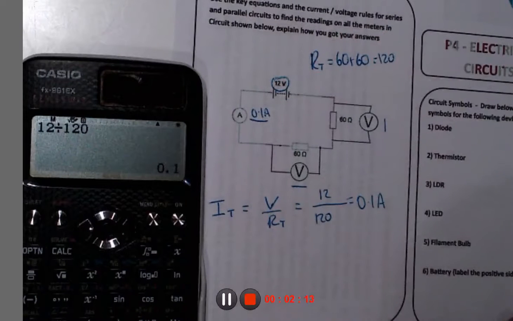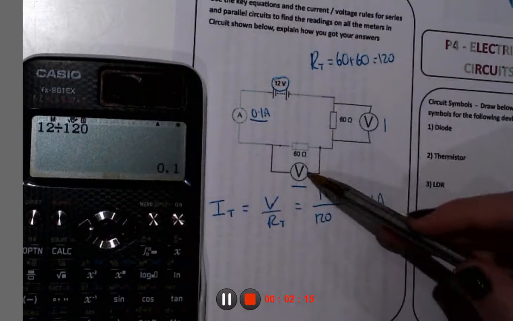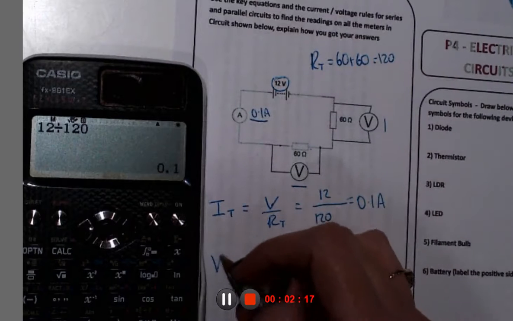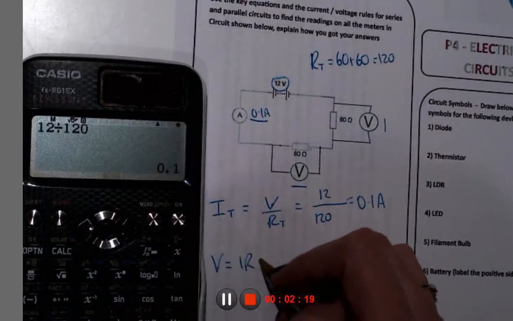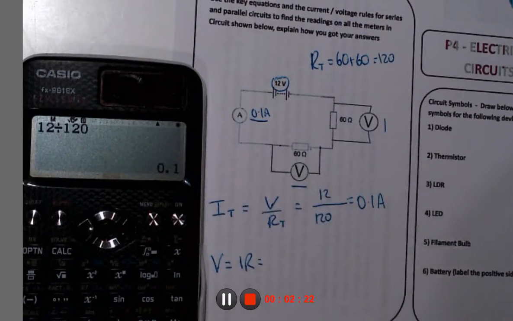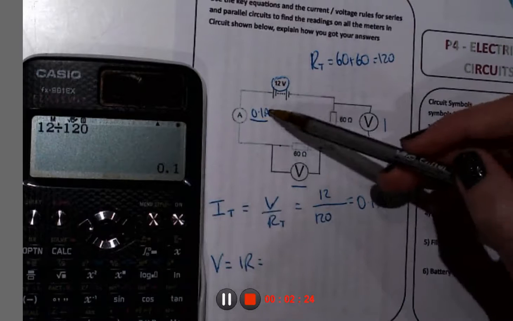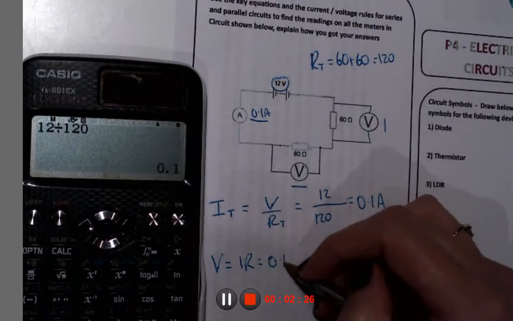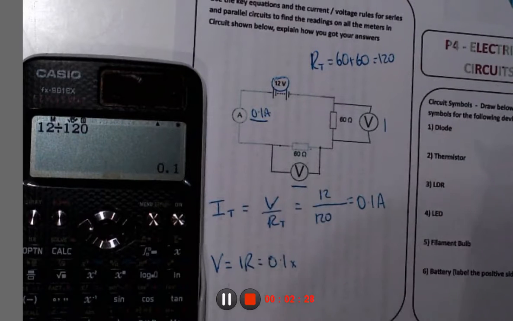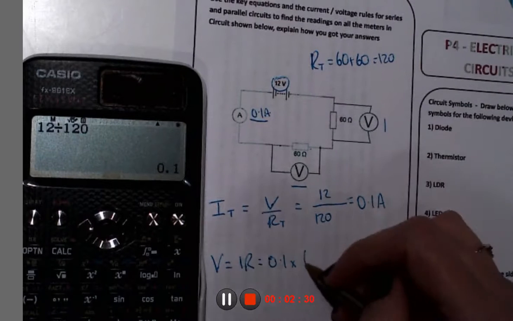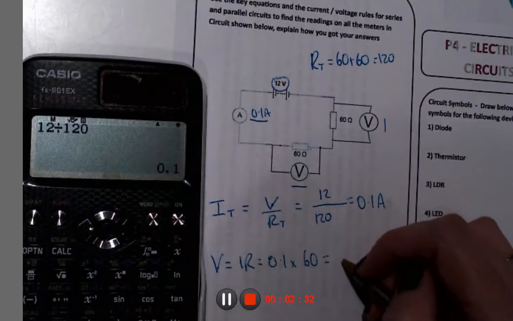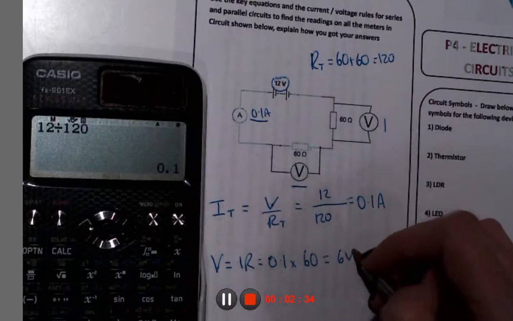What I then want to find is the voltmeter reading across this. So I'm going to rearrange my equation to find voltage. So V equals IR. I know the current stays the same, 0.1, and I know that the resistance is 60. So I'm going to do 0.1 times 60, which is 6 volts.